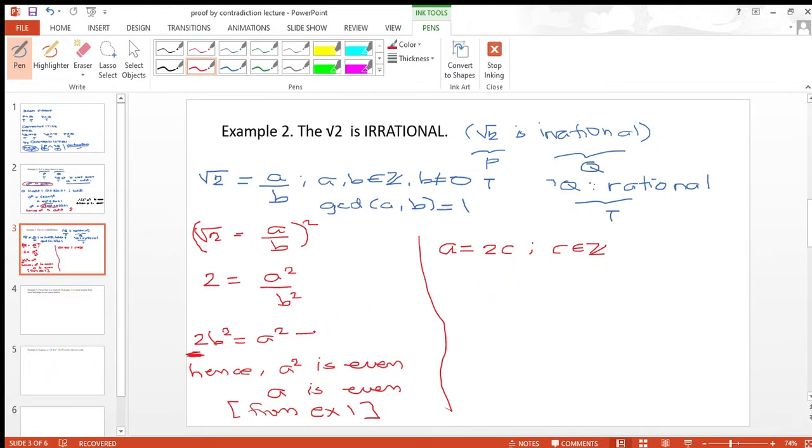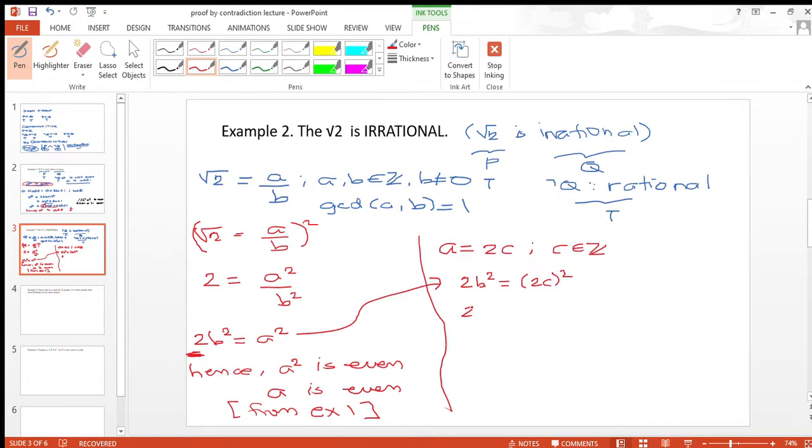So where can we use that? Let's go back here. We have a squared is equal to 2b squared. So we have 2b squared is equal to a squared, but a is 2c, so that must be 2c squared.